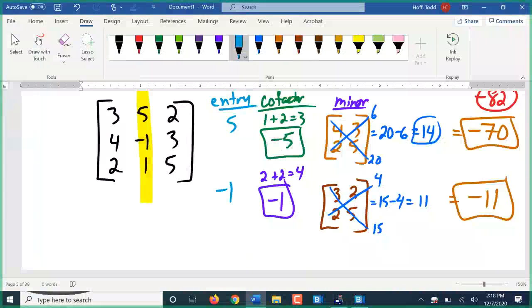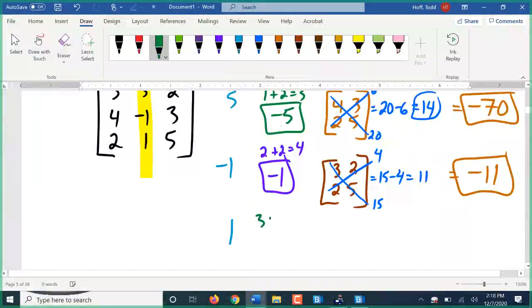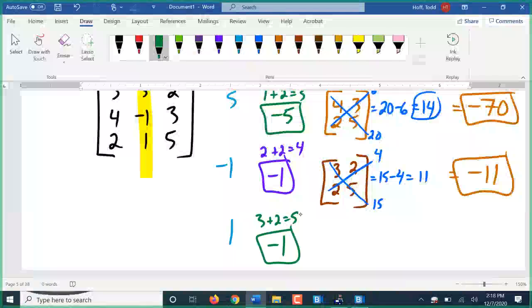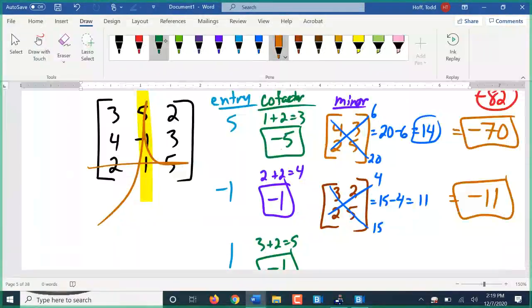My last entry to expand about is the 1 on bottom. It is in row 3, column 2, which adds up to 5. That's odd, so that's a negative 1 cofactor. Its minor, if I take out its row and the column, is going to be 3, 2, 4, 3.